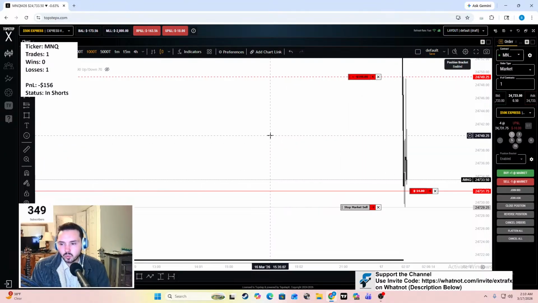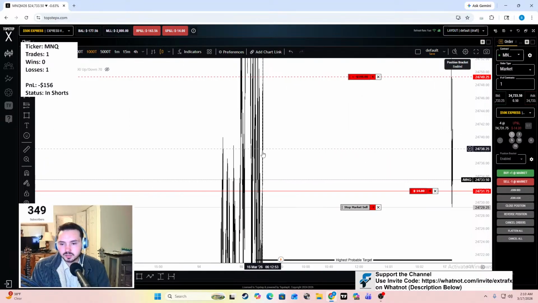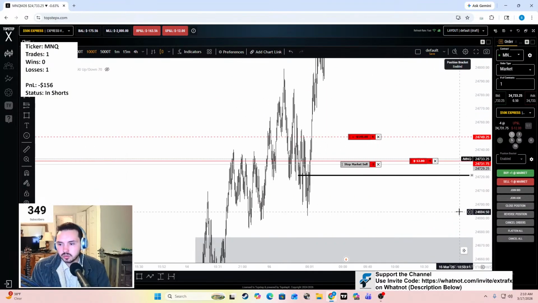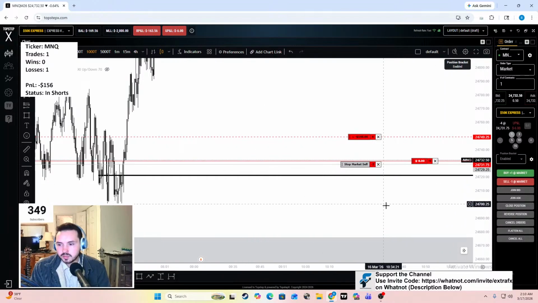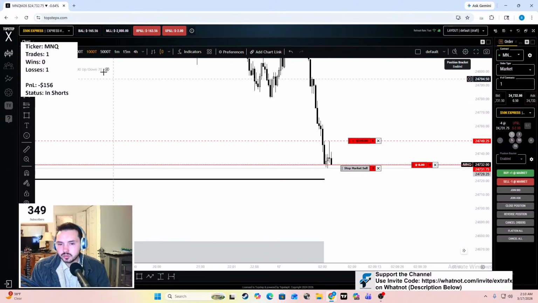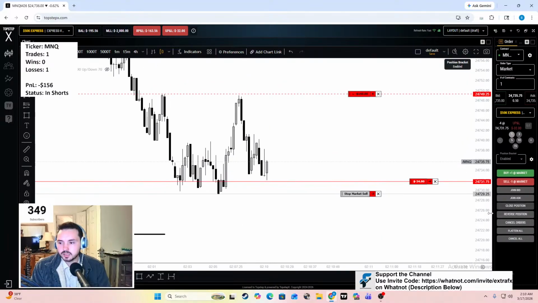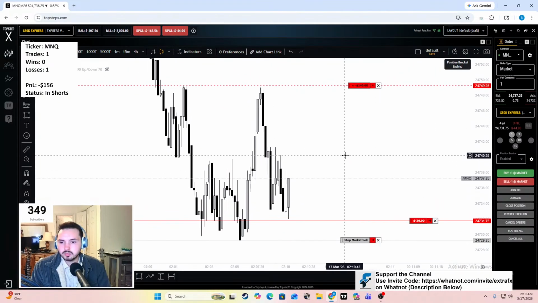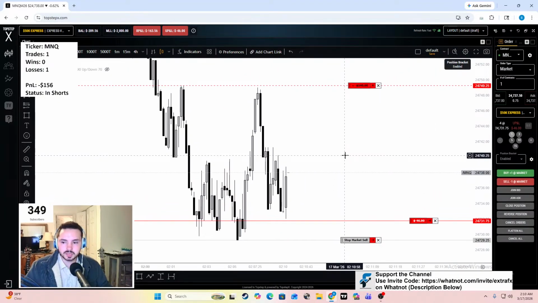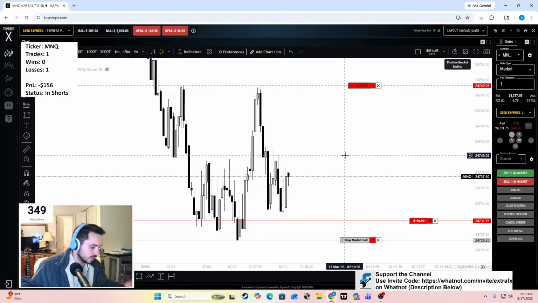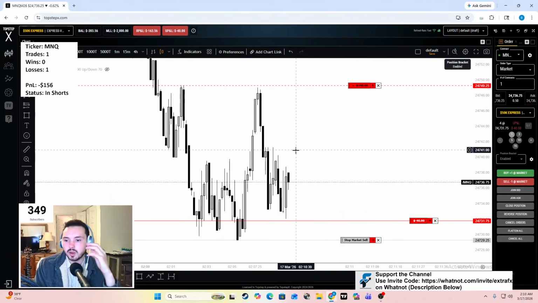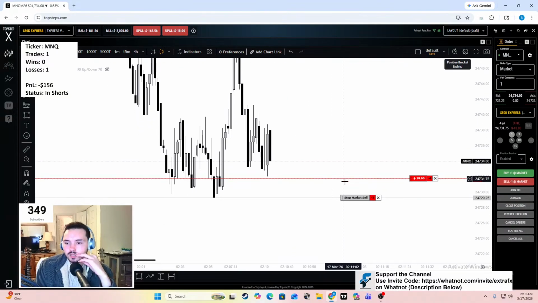The issue is there's an order block over here, so I need to see this move quickly through this zone right there, which it might do. It's always a tricky thing. Everyone's in a short position right now, so the odds of the short position continuing is less likely as we move on. So that's why I'm very hesitant to stay in this trade.